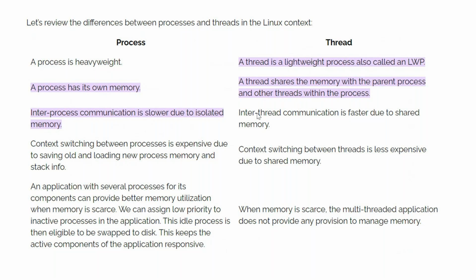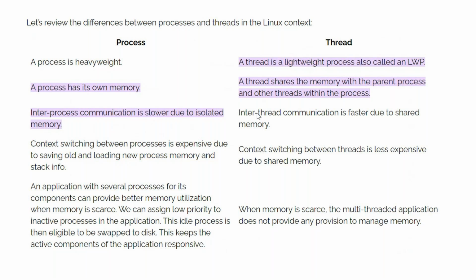Now in a process, inter-process communication is slower due to isolated memory. That means one process switches to another process, and that to another. This is called context switching, and this makes the system slow. But when you have threads, inter-thread communication is faster due to shared memory. In a process, context switching between processes is expensive due to saving the old and loading the new process's memory and stack info.